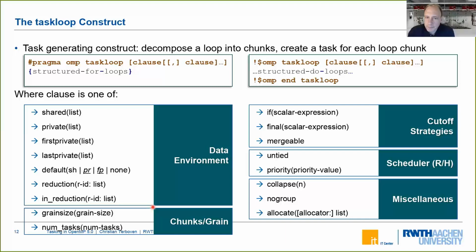Why do we need that? Well, there are some good use cases for a taskloop, in particular when the loop iterations are of very different computational cost. So that means some take long, some take significantly shorter. With the for worksharing schedule, you can work with a dynamic schedule, but the for worksharing still enforces a certain order within the chunks, which means that even with a dynamic schedule, the load balancing has certain limits, in particular when the costly iterations are encountered toward the end of the for loop, just as a single example.